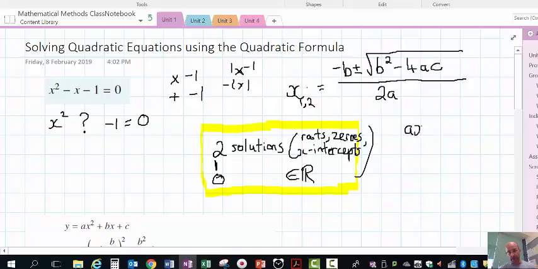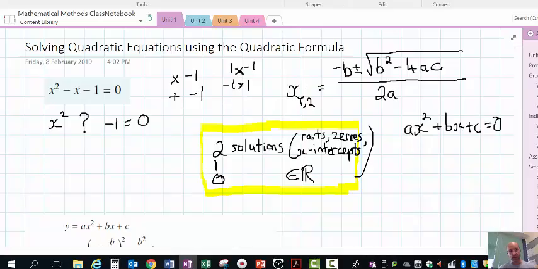Recall that we're talking about ax squared plus bx plus c equals 0. And it's no accident that these a, b and c are the same as these ones here. That's not a coincidence.